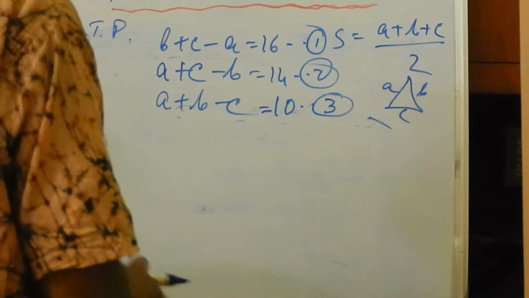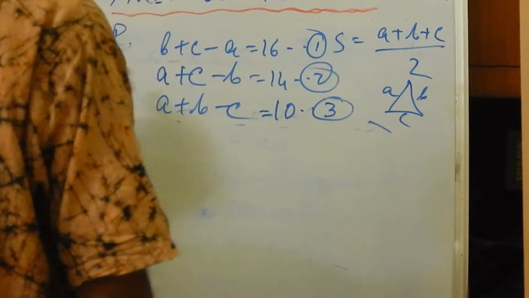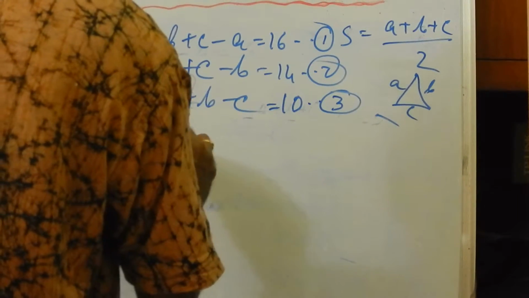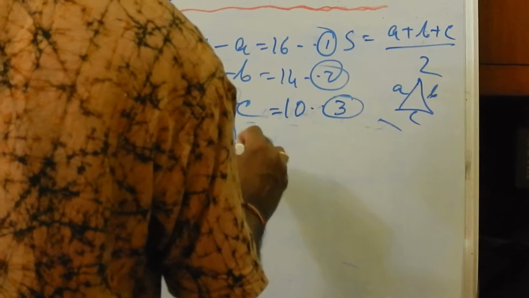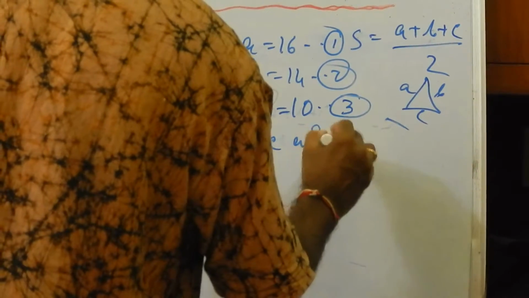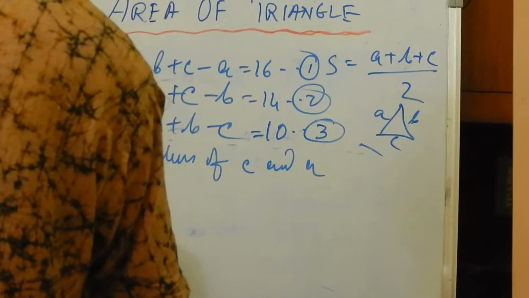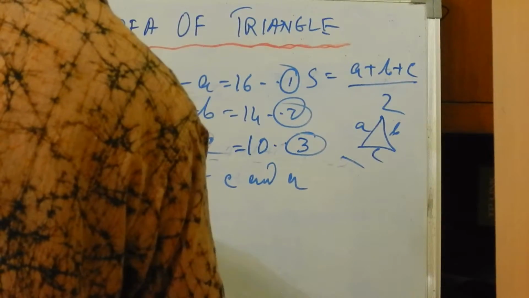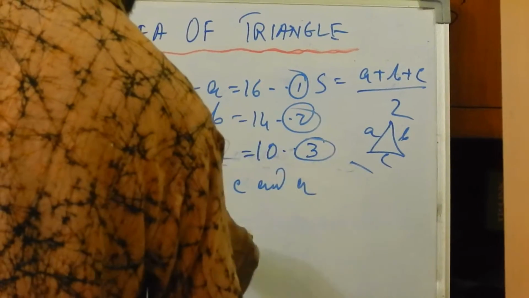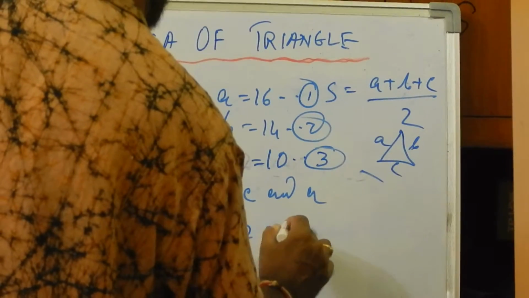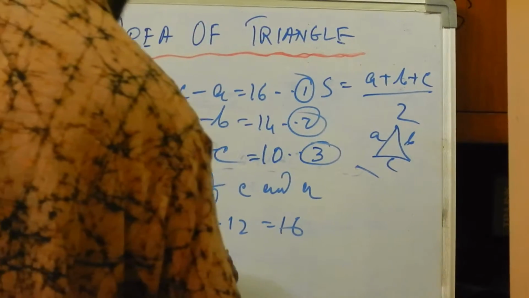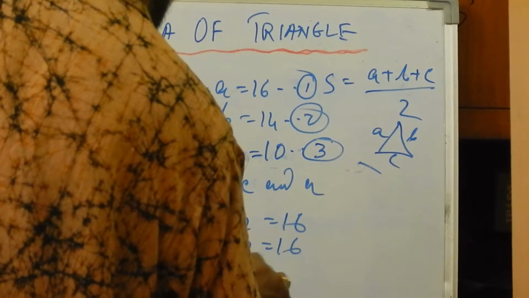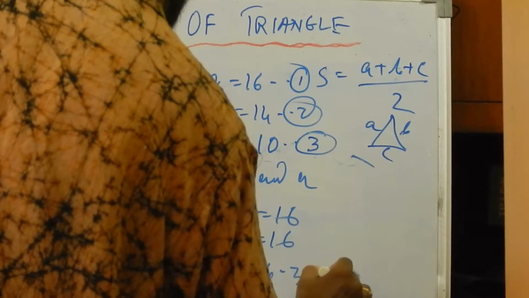Now it is easy, you can just put these values of c and a in any equation, suppose equation 1. b plus c minus a equals 16, so b plus 3 equals 16, or b equals 16 minus 3 equals 13.